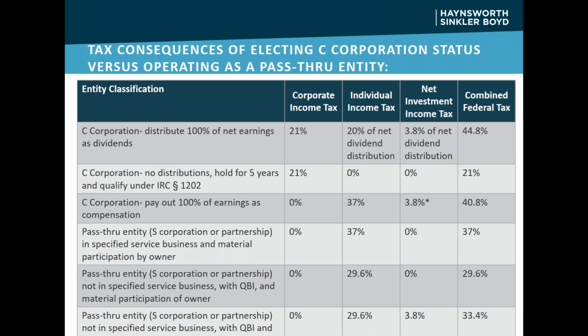So while a C corporation can benefit from the lower corporate income tax rate of 21%, the ultimate distribution of the earnings as a dividend or the sale of stock with an unadjusted basis at capital gains rates results in an increase in the effective tax rate to the owners of 44.8%, which exceeds the effective pass-through rate for an owner that materially participates in a business who gets that 29.6% rate.